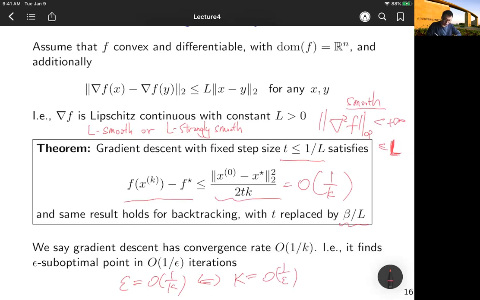Right, so we'll use these two ways of talking about convergence rate interchangeably. Sometimes it's more convenient to talk about something that goes to 0. Sometimes it makes sense to talk about iteration complexity. So this is called iteration complexity.